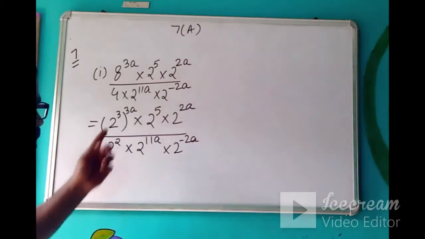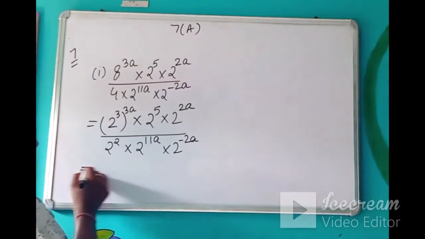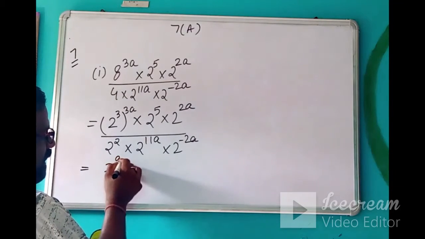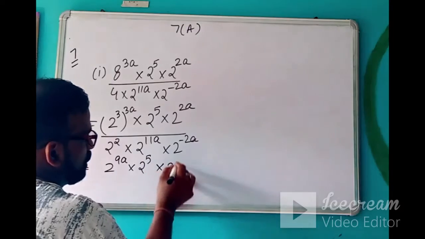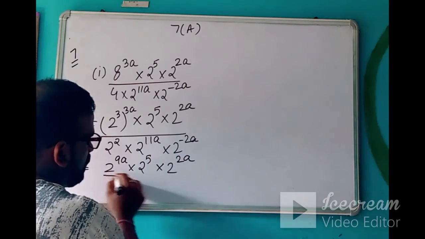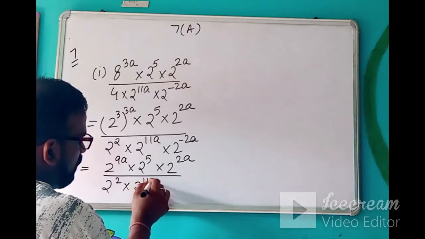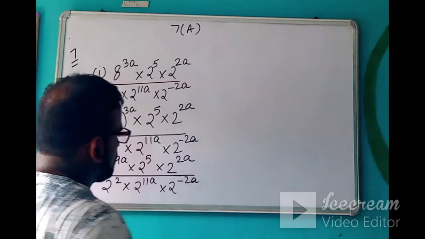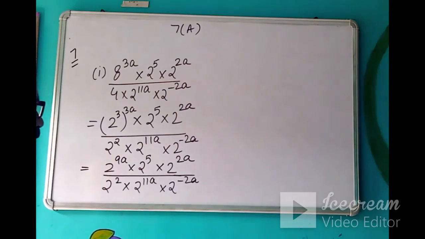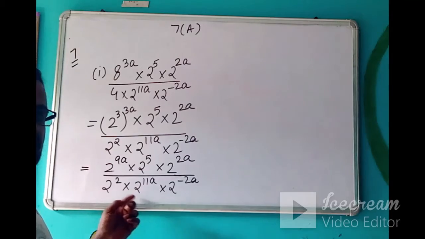Alright, then multiply the exponents. So when you multiply, you will get 2 to the power 9a into 2 to the power 5 into 2 to the power 2a upon 2 to the power 2, 2 to the power 11a into 2 to the power minus 2a. Now you can see in numerator and denominator, each and every term has the power of 2.